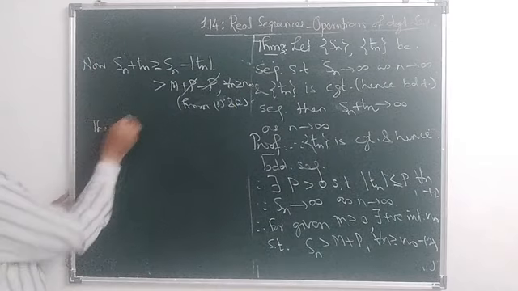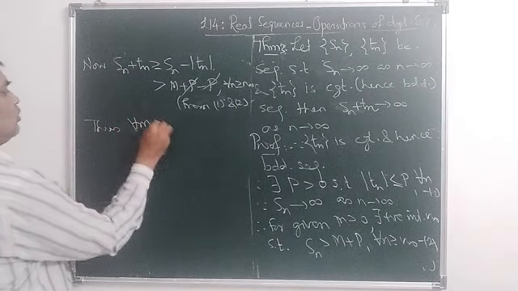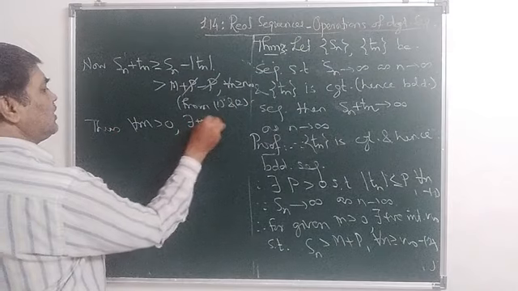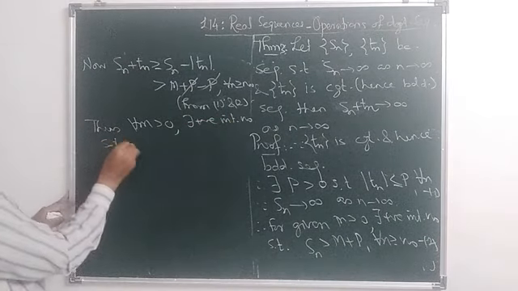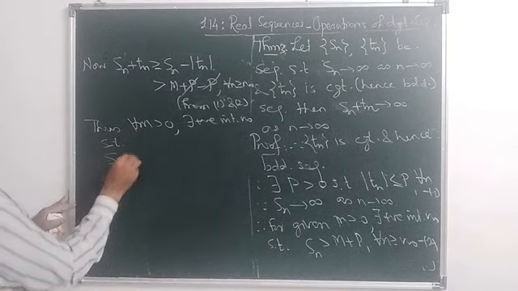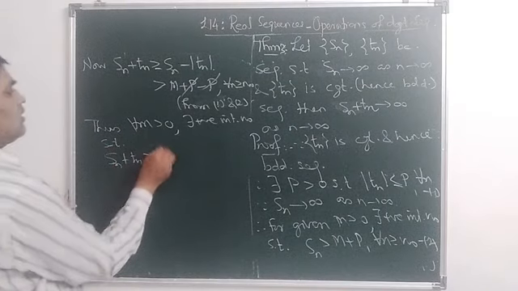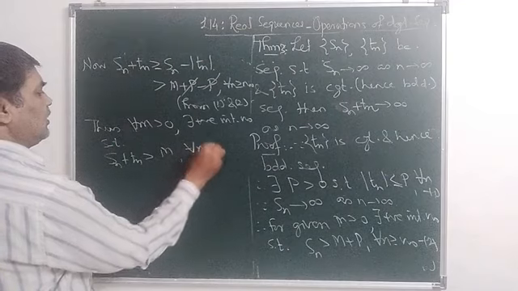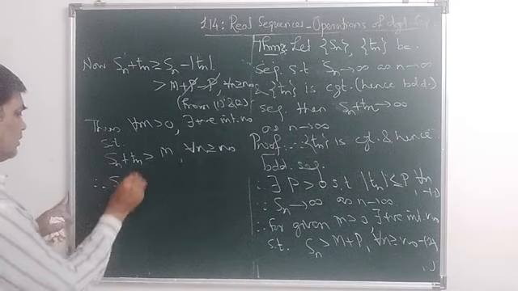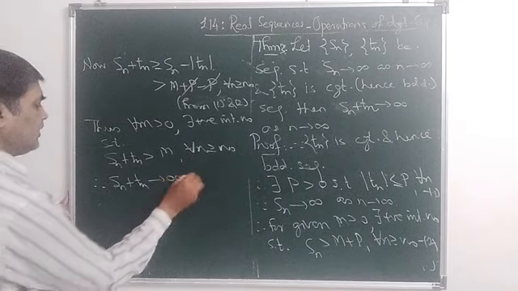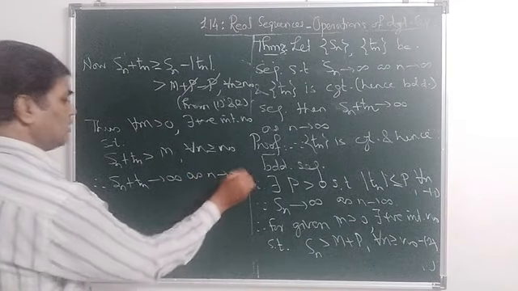Thus, for any m greater than 0, there exists positive integer n naught such that Sn plus Tn is greater than m for every n greater equal n naught. And therefore, Sn plus Tn tends to infinity as n tends to infinity.